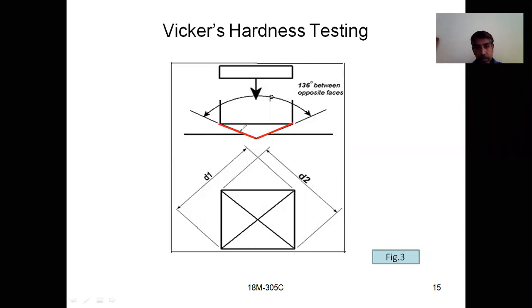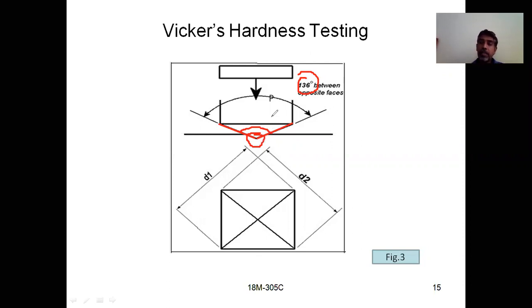From here to here, it is 136 degrees between the opposite faces. Here you have a sharp corner, a sharp pointed edge. That's why we can use this for small cross sections also.